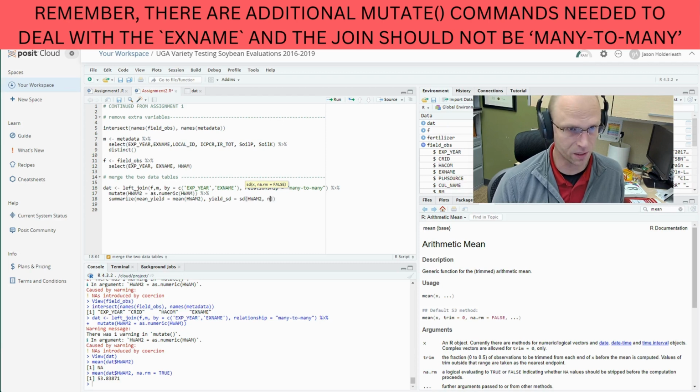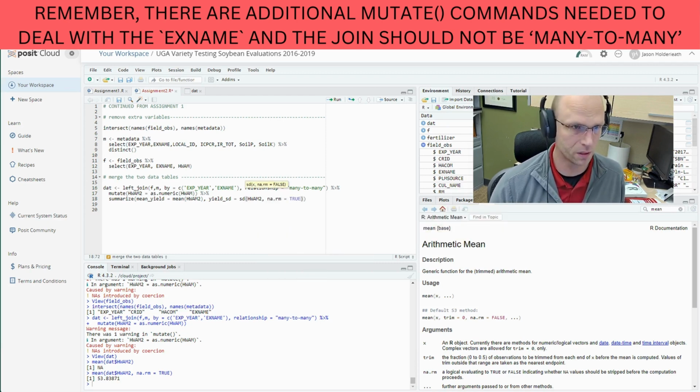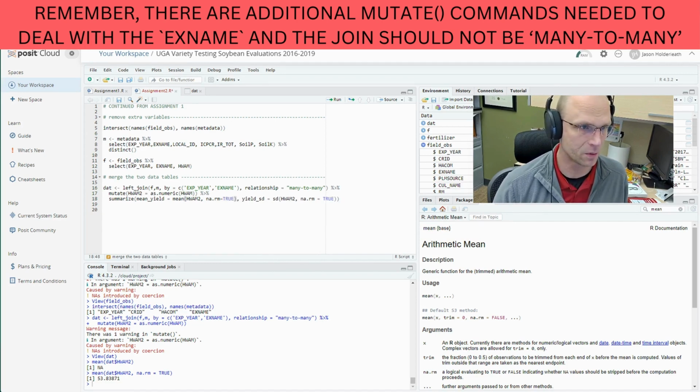I forgot to include na.rm equals TRUE in that one. Na.rm equals TRUE, and we're going to say yield mean. So let's do that.